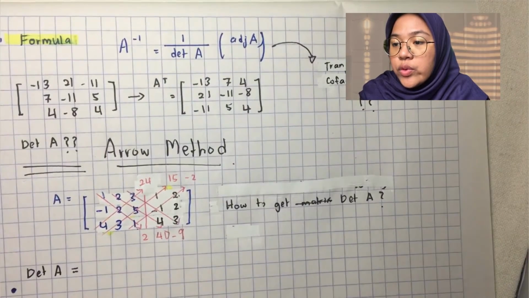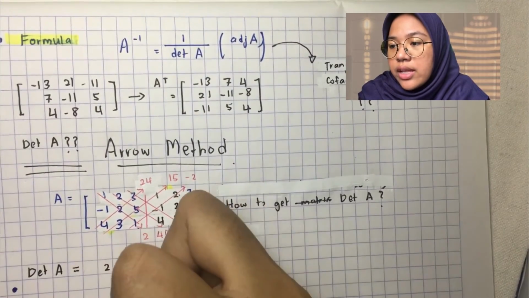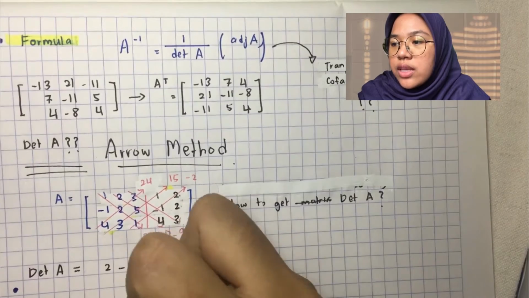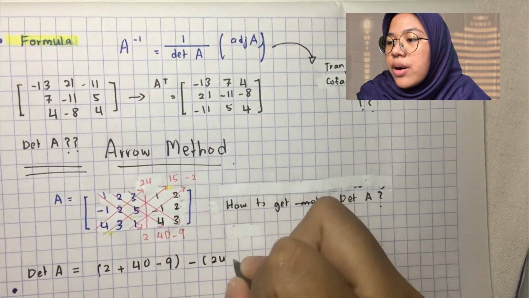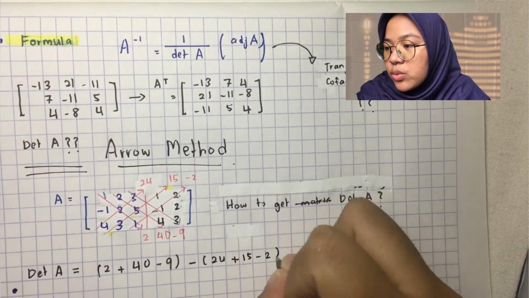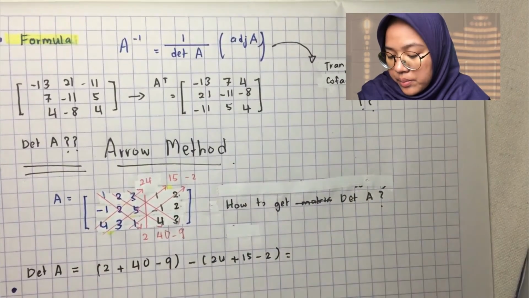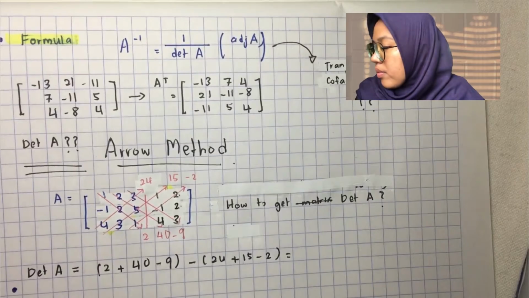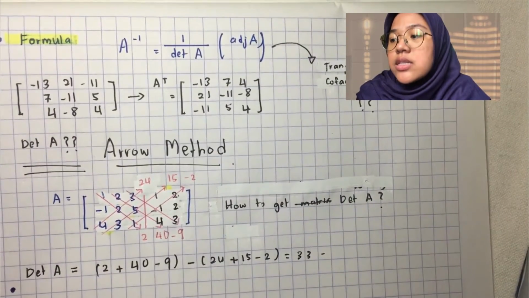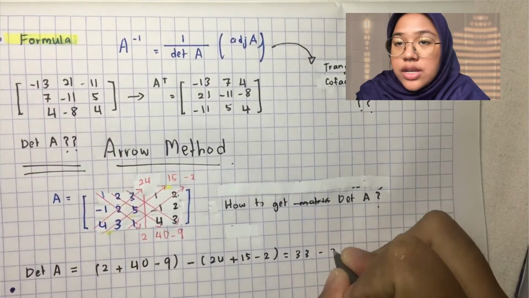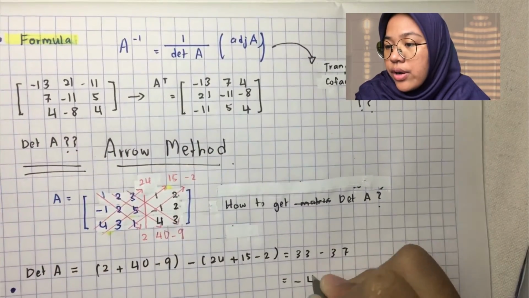So how to get the determinant of A? 2 plus 40 minus 9, bracket, minus 24 plus 15 minus 2, and the answer is 33 minus 37, and the answer is negative 4.